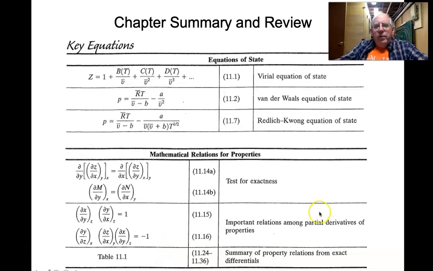And so with that, we had all of those property relationships in table 11.1.